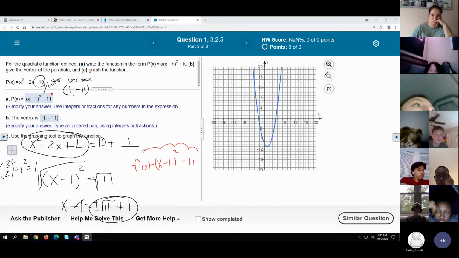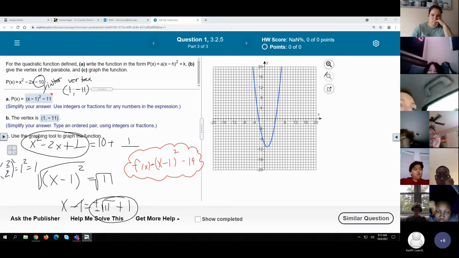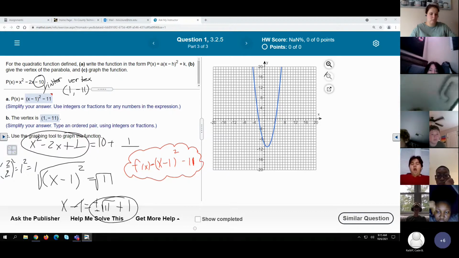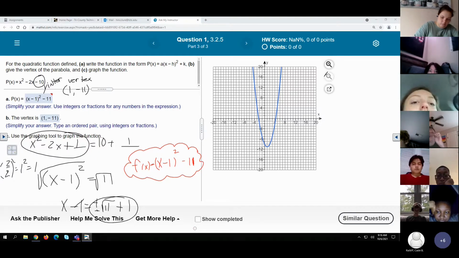And I put it in the top right hand corner each time. And I told you that the homework and the test would want it in that form. And that's where this is right here.